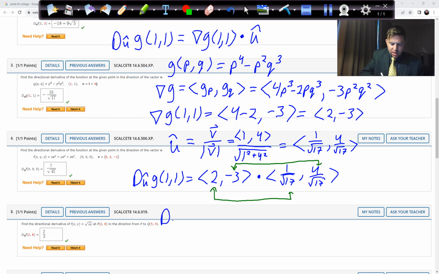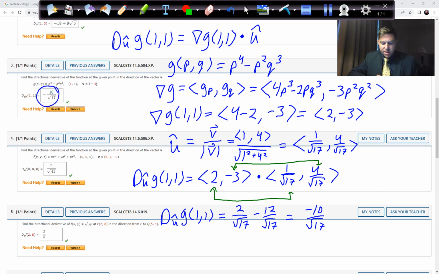So we're going to get the directional derivative of g in the direction of the unit vector at the point (1, 1) is 2 over root 17 minus 12 over root 17, and we can combine those numerators into negative 10 over root 17, which is what I have there.